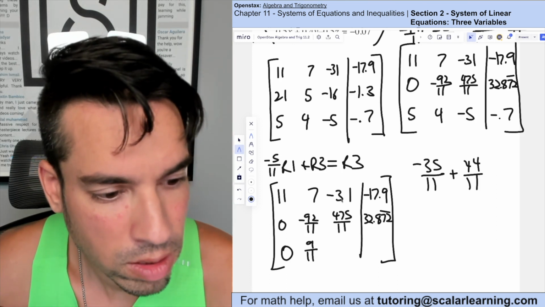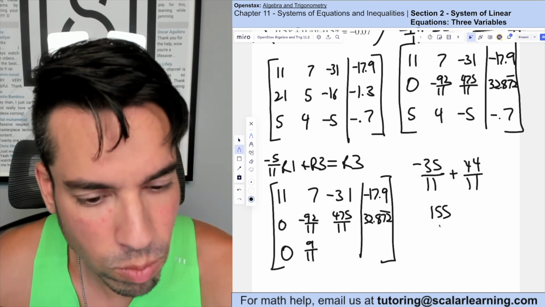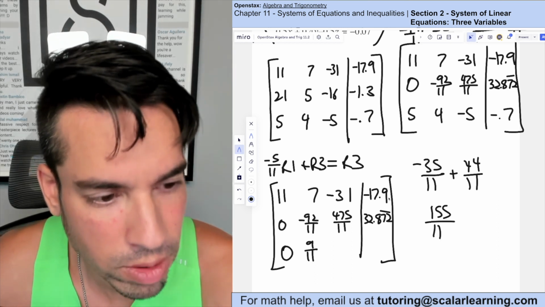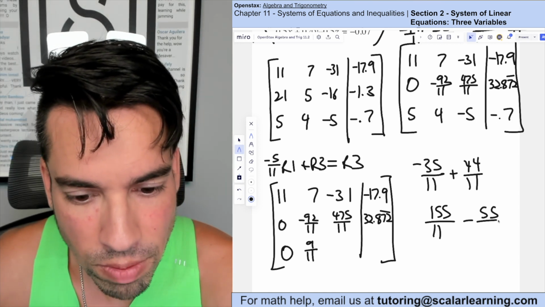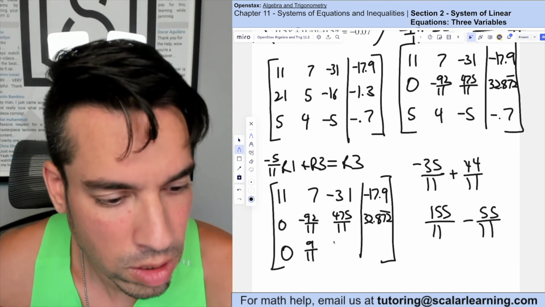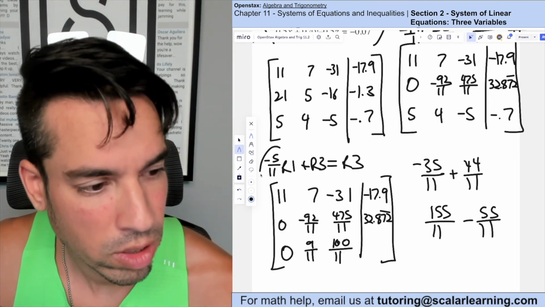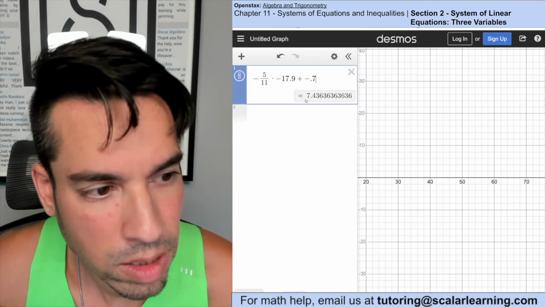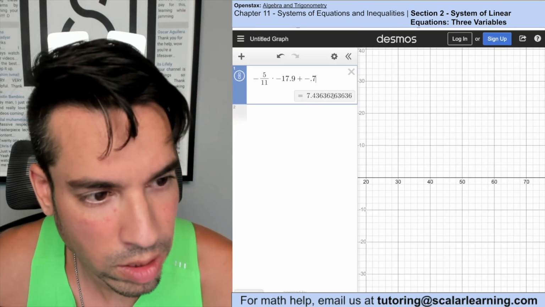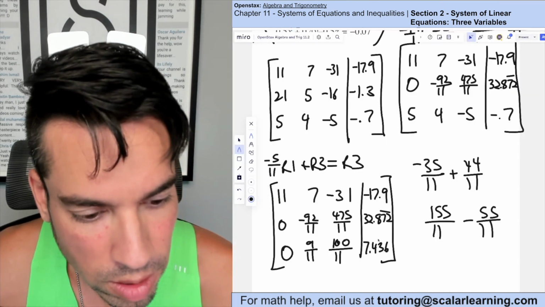Negative 5/11 times negative 31 is 155 positive over 11. And then we're going to add that to negative 5, which is minus 55 over 11, which gives us 100 over 11. And then we're going to do the last one in the calculator. Negative 5/11 times this plus negative 0.7. And we get 7.436, and the 36 repeats.